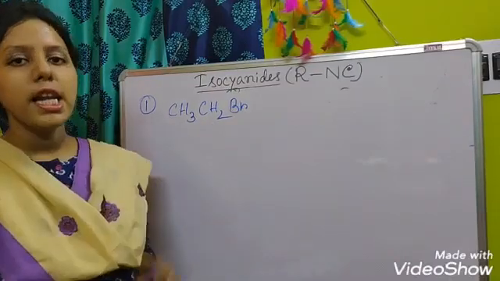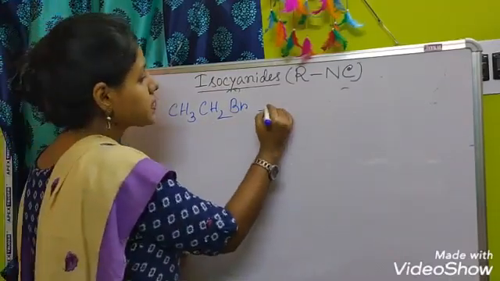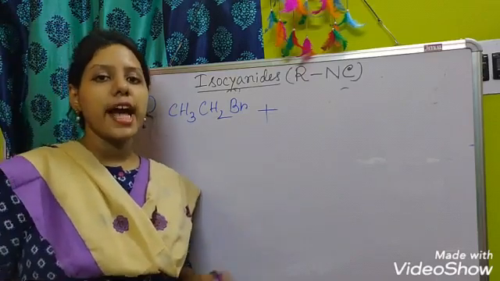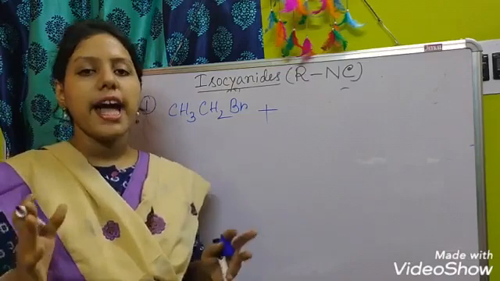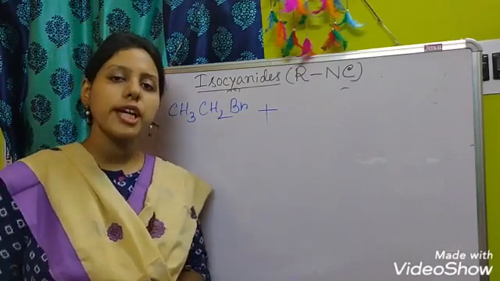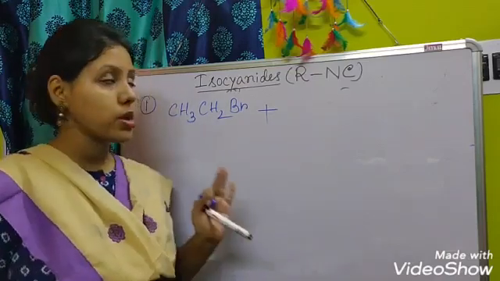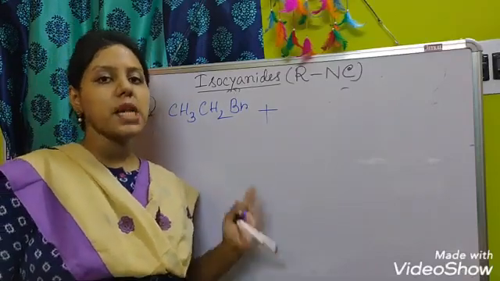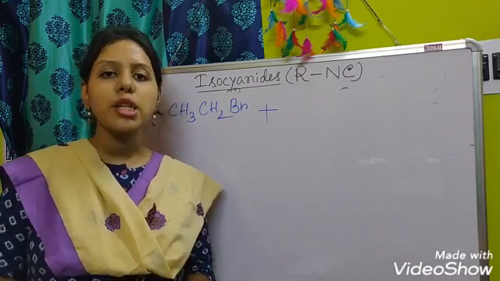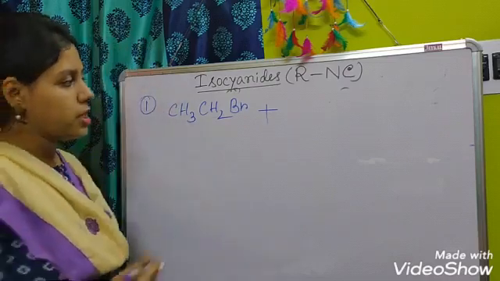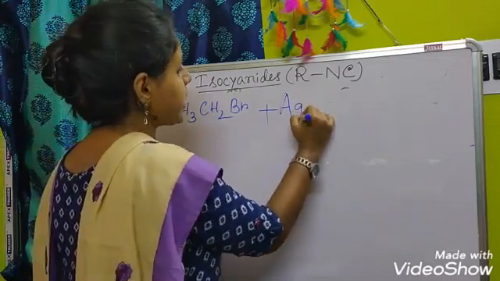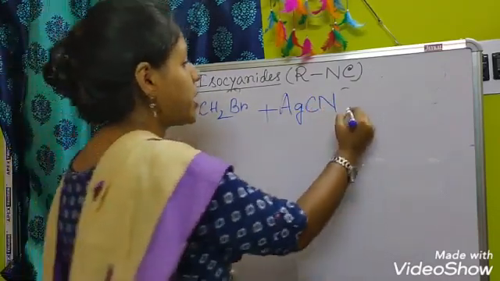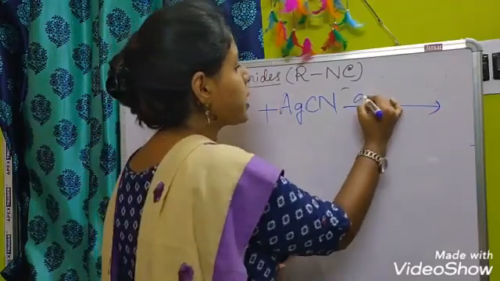That means ethyl bromide plus, now just remember, in case of the cyanides, we were taking the alcoholic solution of sodium cyanide or potassium cyanide. But in this case, we have to use alcoholic solution of silver cyanide. That means AgCN. Okay, AgCN you have to add here. Now this is alcoholic solution.